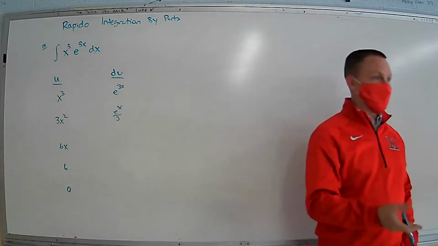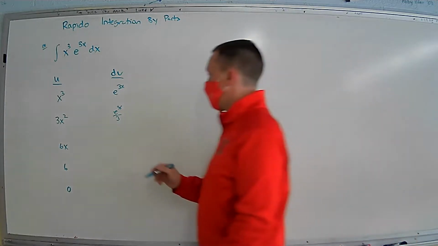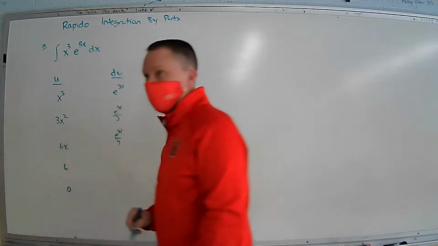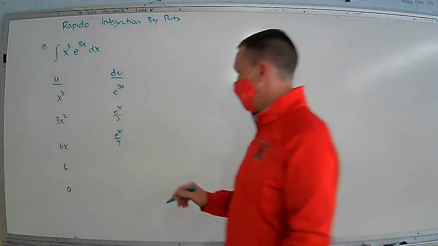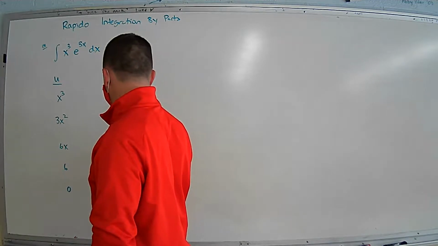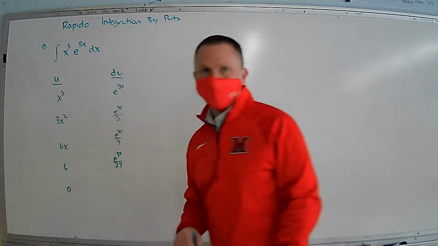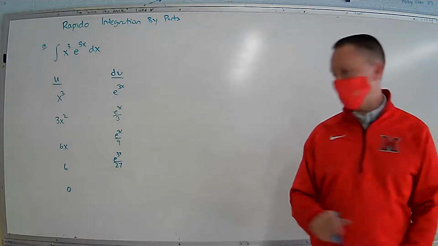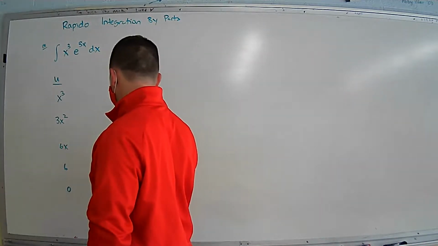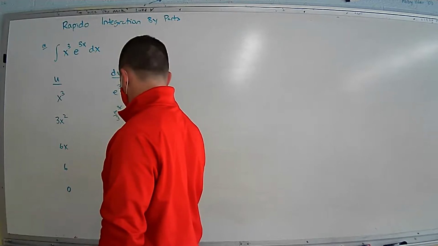And when you anti-differentiate e to the 3x over 3, you get e to the 3x over 9. And when you anti-differentiate e to the 3x over 9, you get e to the 3x over 27. And when you anti-differentiate e to the 3x over 27, you get e to the 3x over 81.